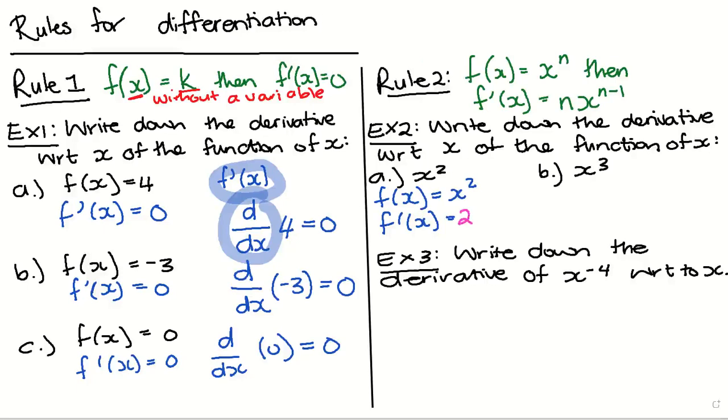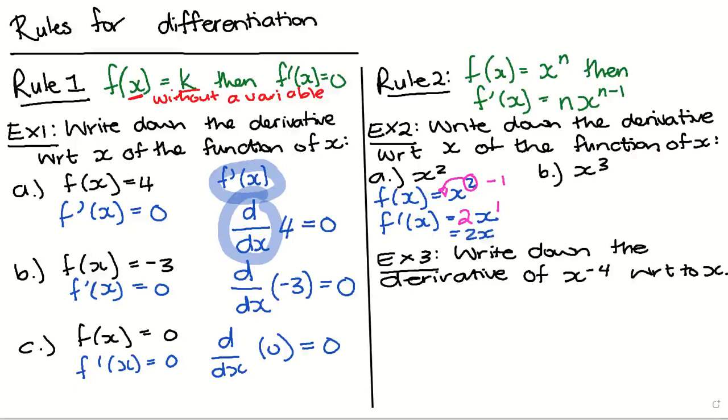The 2 gets brought to the front and multiplied with the x. So we're still multiplying it with the x. And what do we end up doing? We take 1 away from that 2. 2 minus 1 ends up being 1. So we can write the derivative of this as 2x. Not too difficult, right?